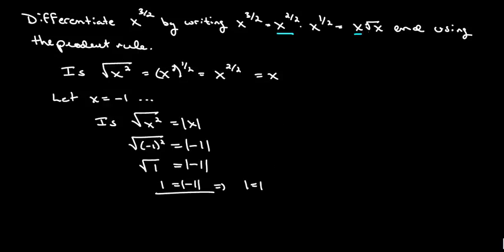Now you might say, well, why didn't they use absolute value here? Well, they didn't have to, and let's go ahead and see why. I don't have to put an absolute value here because the square root of x right here already assumes that x is greater than or equal to 0 by the domain. So I didn't have to put it around here because we know that x can't be negative.